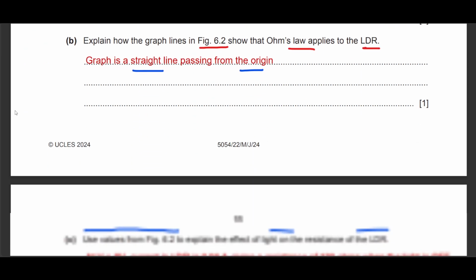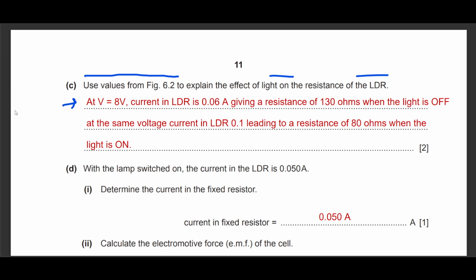So at 8 volts, I used V equals IR manually on the calculator and told the examiner that the current in the LDR is 0.06, again picked from the graph, and using V equals IR, I found that it is 133 ohms. But of course, to two significant figures, I will write this as 130 ohms when the light is off, in line with our concept that the resistance is inversely related to light.